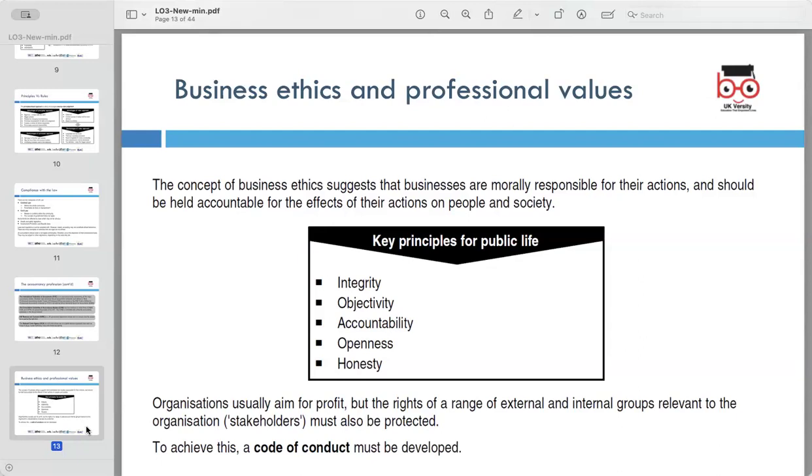Key principles for public life include integrity, objectivity, accountability, openness, and honesty. While organizations' primary aim is profit, they must also safeguard the rights of stakeholders, both internal and external. This necessitates the development of a code of conduct to guide ethical behavior within the organization.